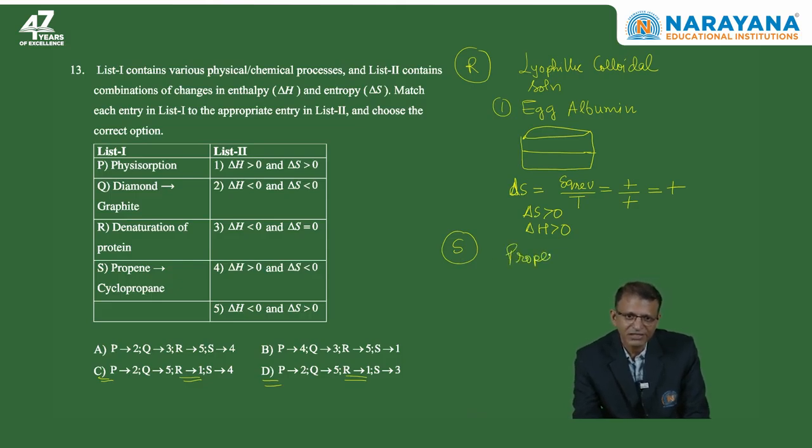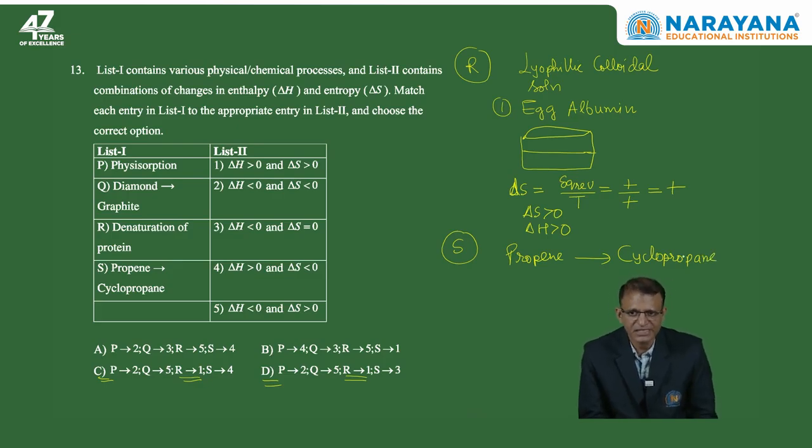is converted into cyclopropane. So this is isomerization of propene. So propene is converted into cyclopropane, and in this we have to discuss what the enthalpy change and what the entropy change is.